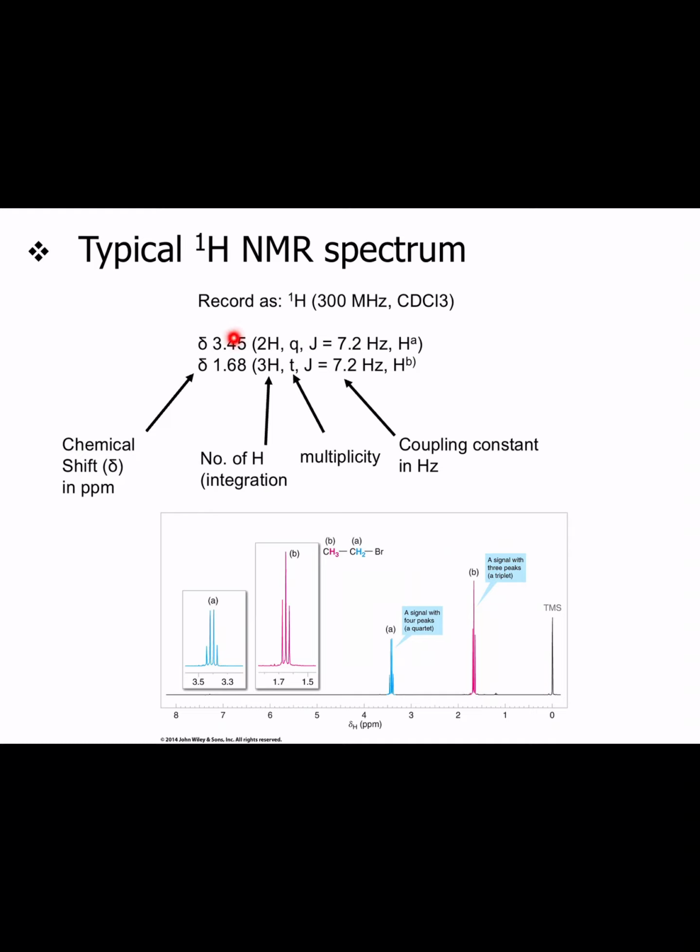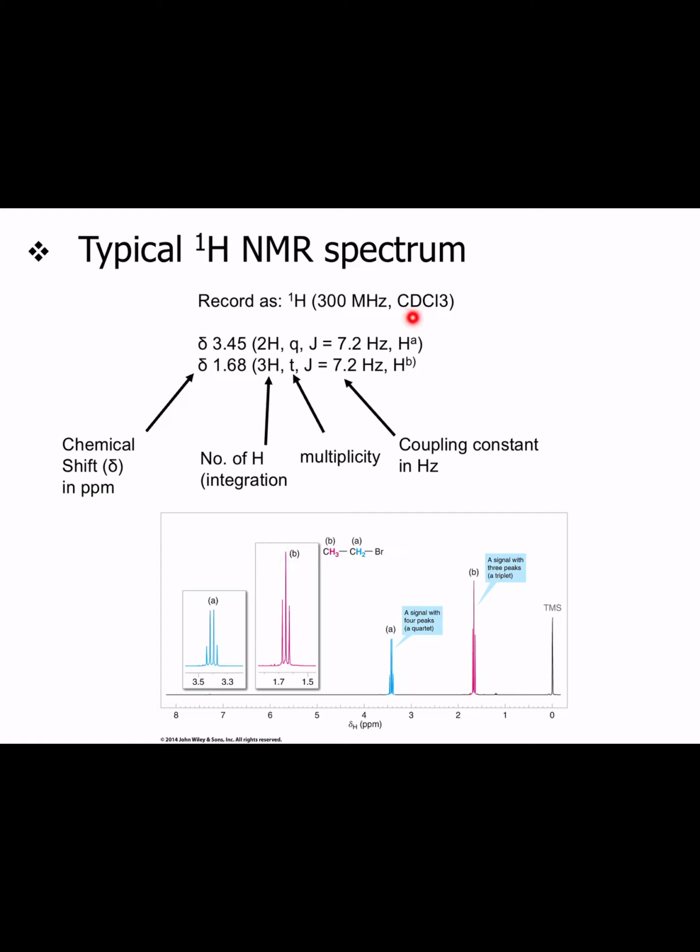It will be recorded as proton NMR 300 megahertz. 300 megahertz is the strength of the instrument that we are using to measure this proton NMR. And CDCl3 tells us we are using deuterated chloroform as our solvent, because if the solvent has hydrogen, that can also interfere with the hydrogens in the compound.